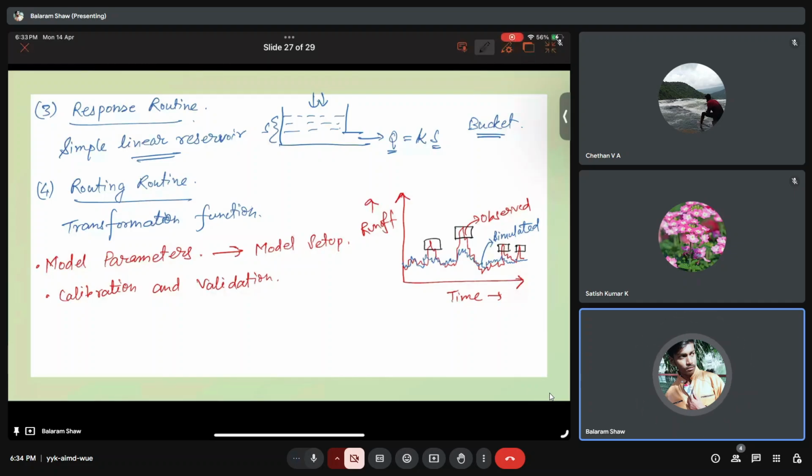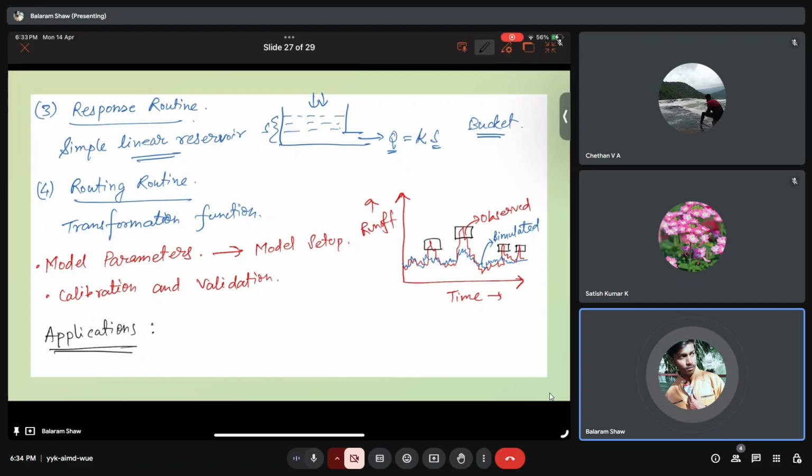If so, you consider that model for your further analysis. Mostly this is for the HBV model, but the whole thing that we have seen can be applied to other models also.